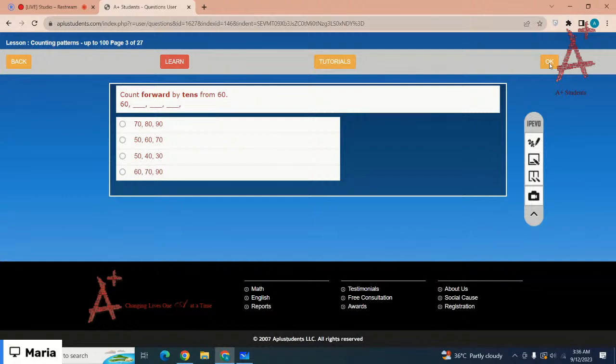Count forward by tens from 60. So which is the correct option?